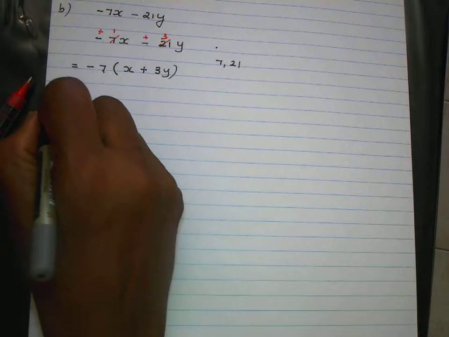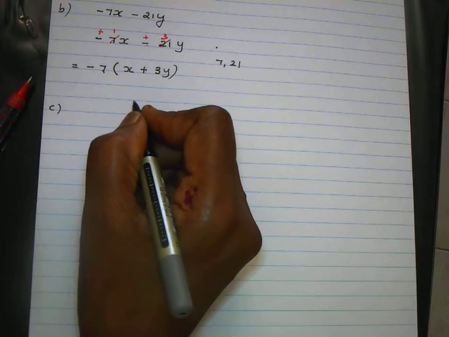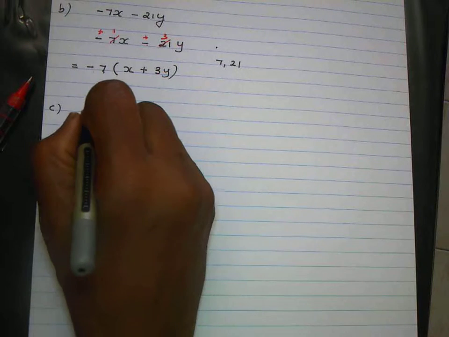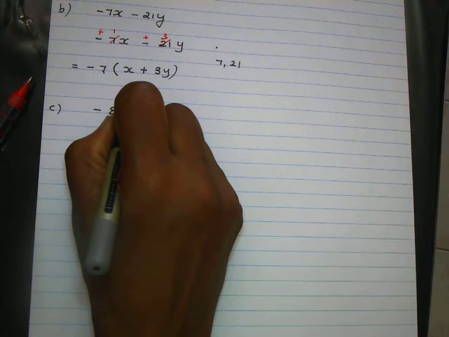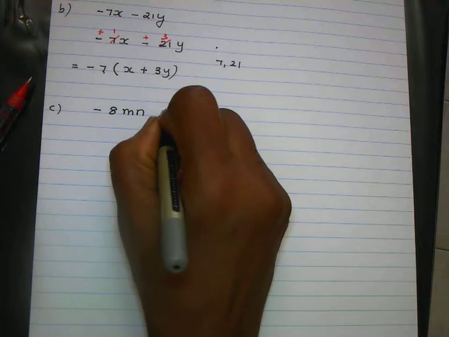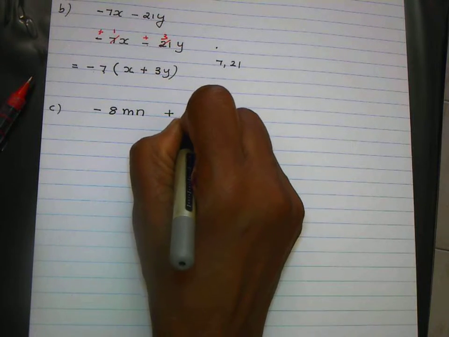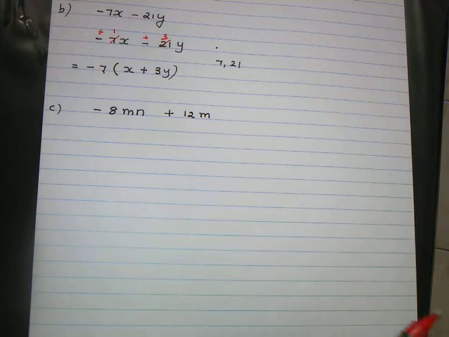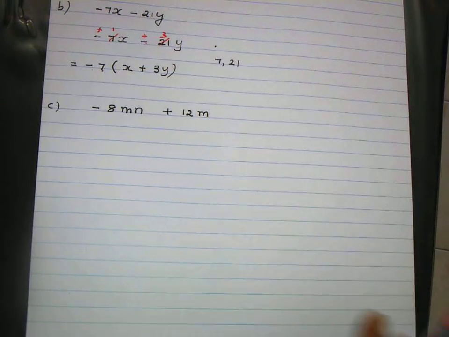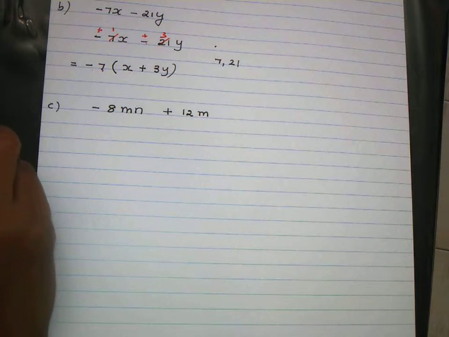Okay, see, I'm going to have minus 8mn plus 12m. Okay, when I look at this question, as usual, I must take the minus sign outside first.